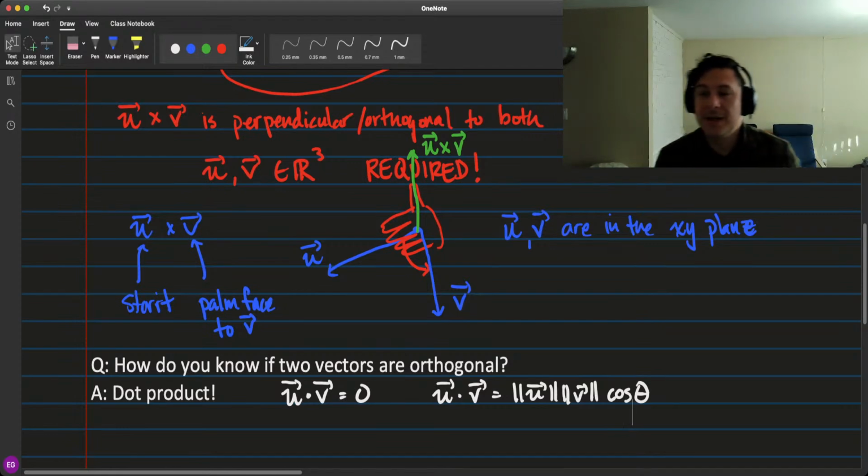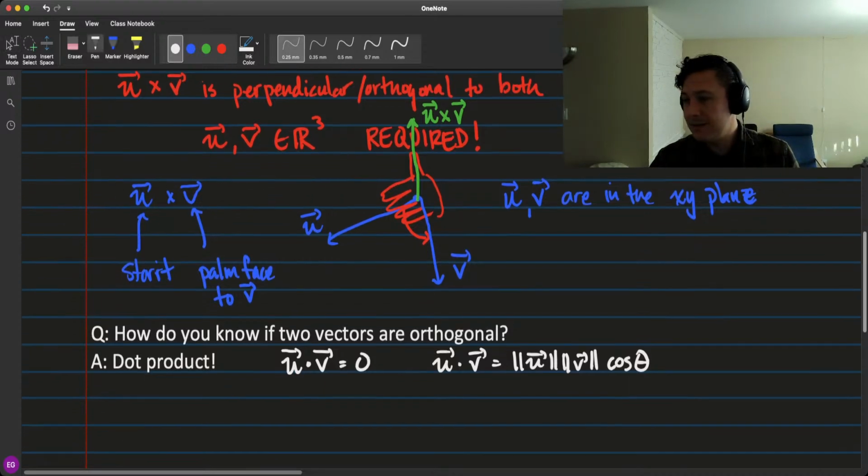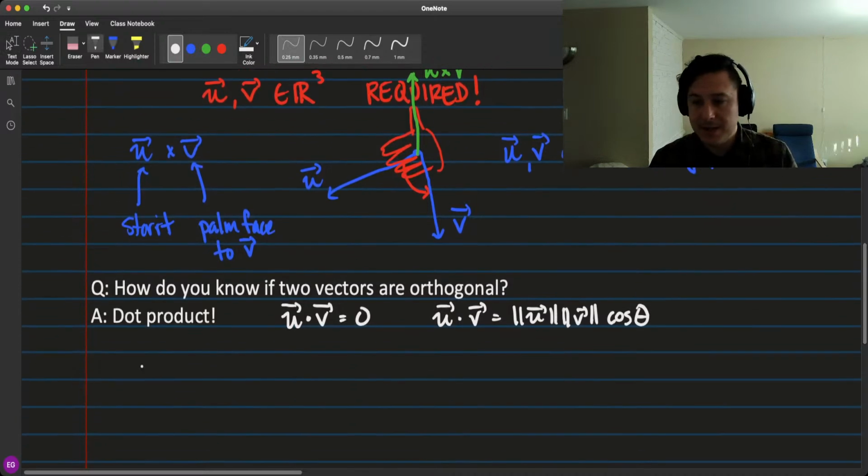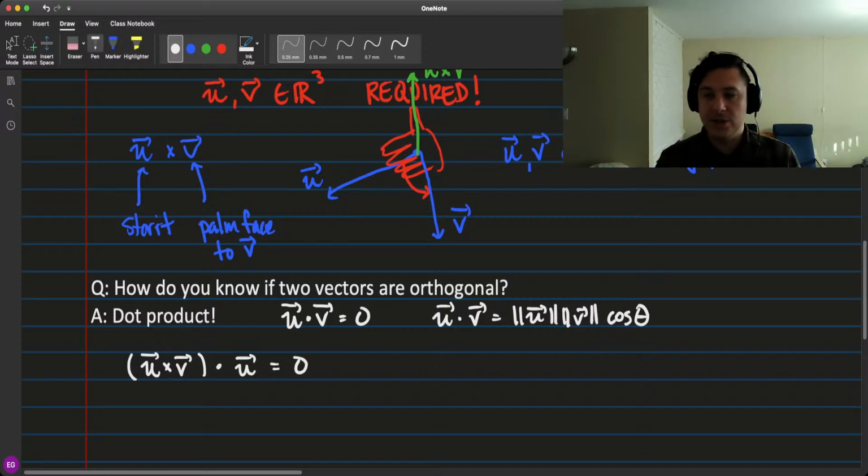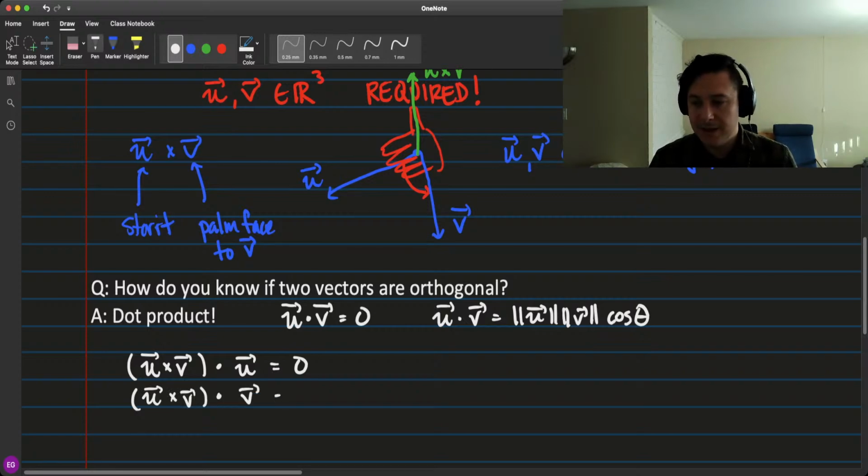Okay, so the cross product, U cross V. What we want is U crossed with V to be orthogonal with U, which means if you take your cross product and dot it with U, you should get 0. And if you take your cross product and dot it with V, you should get 0.